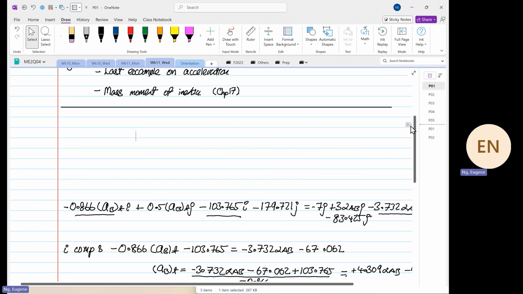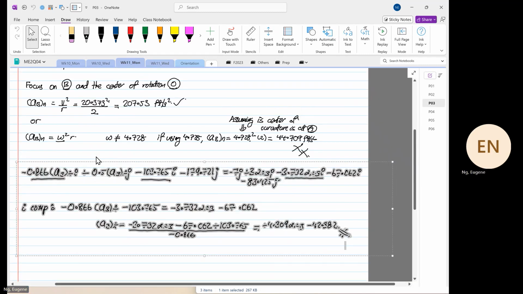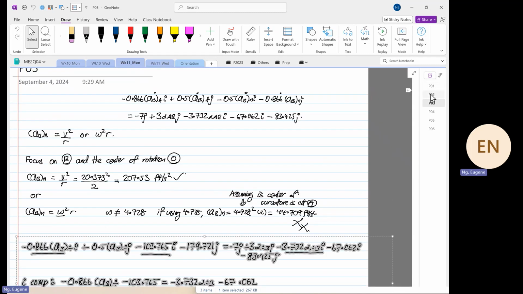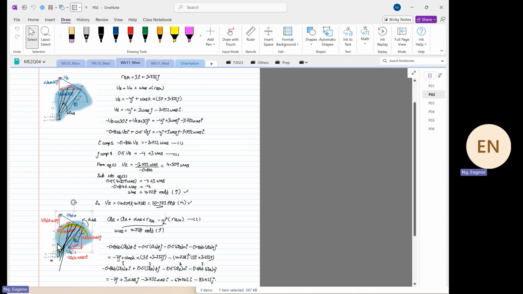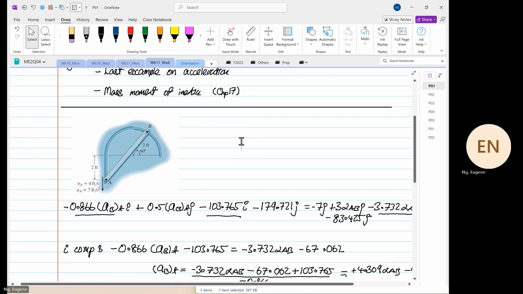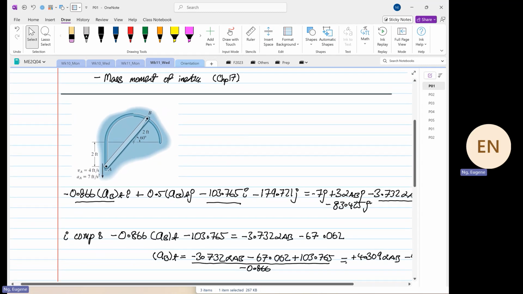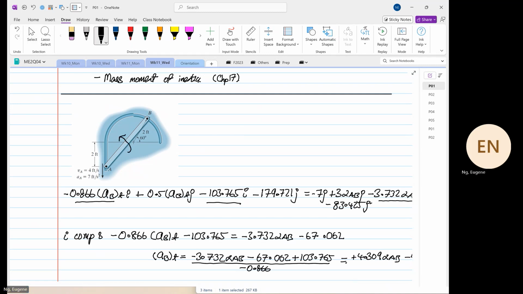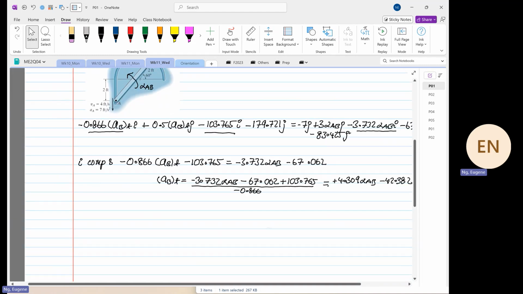Just to give you a reference, the example we are dealing with is this example over here. So just to quickly recap, we would like to find what's our alpha AB.